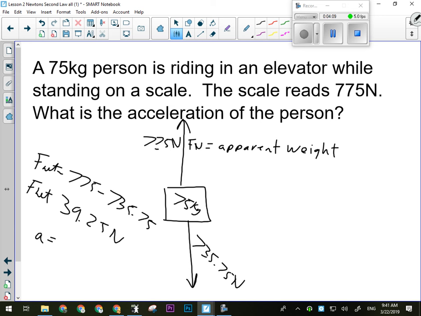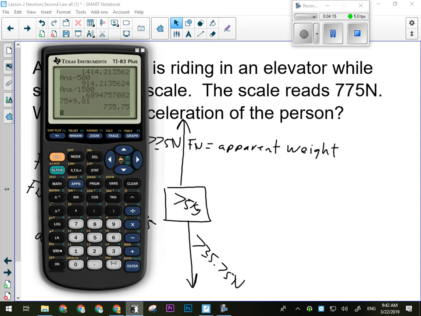And I can calculate the acceleration by going 39.25 divided by 75, and we'll have our acceleration. So this elevator is accelerating at 0.52 meters per second squared upwards. Everybody all right with that?